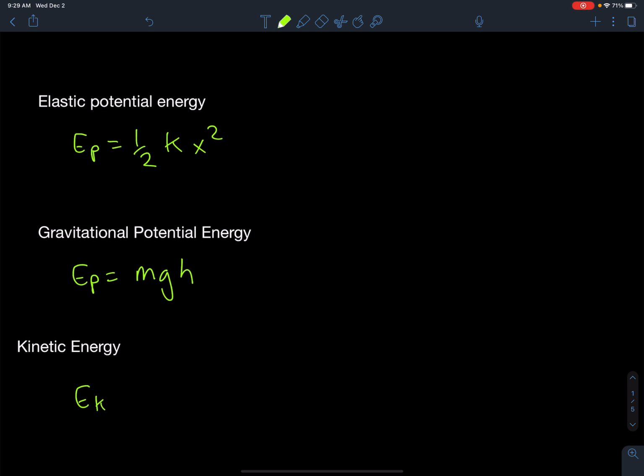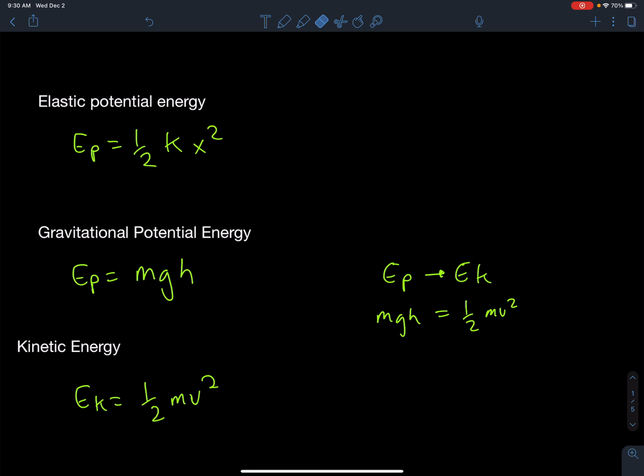Kinetic energy has a formula of 1/2 mv squared, where v is the velocity of your object and m is the mass of your object. So if I know how much potential energy a system has and it's all converted into kinetic energy, I can calculate the velocity. For example, if gravitational potential energy is converted into kinetic energy, then mgh is equal to 1/2 mv squared.